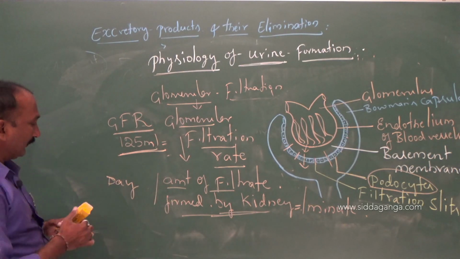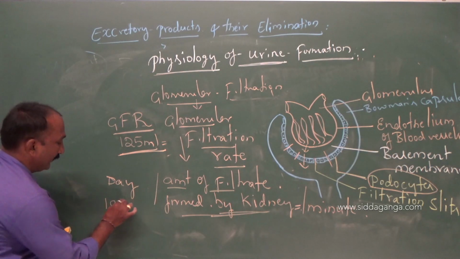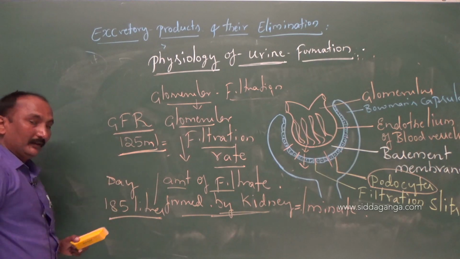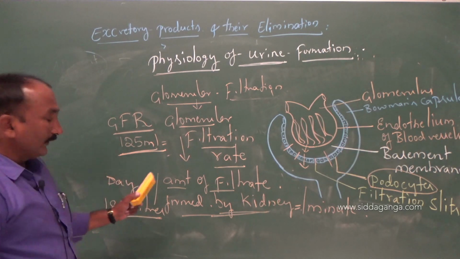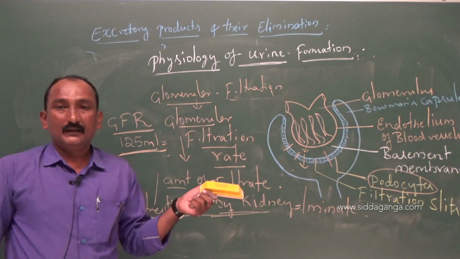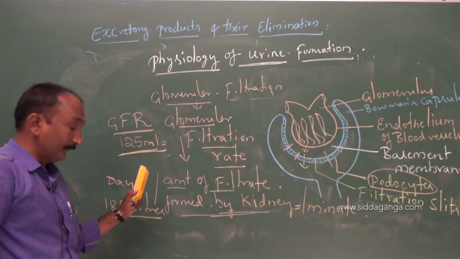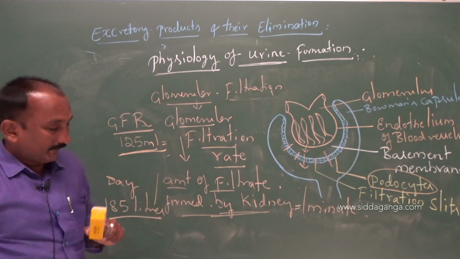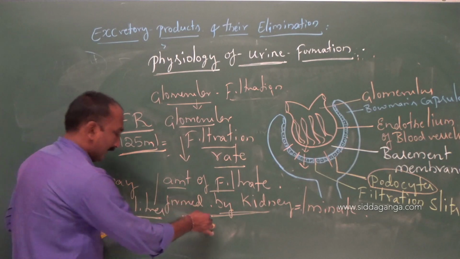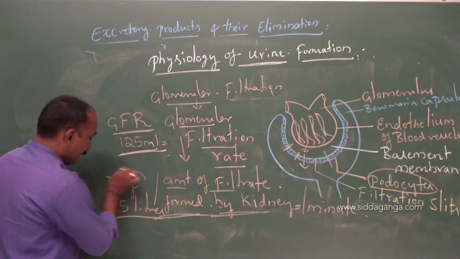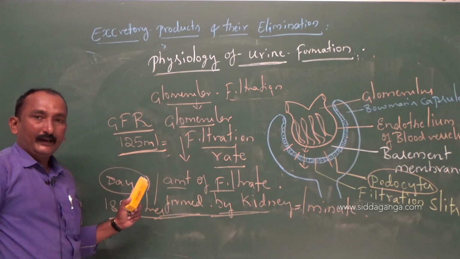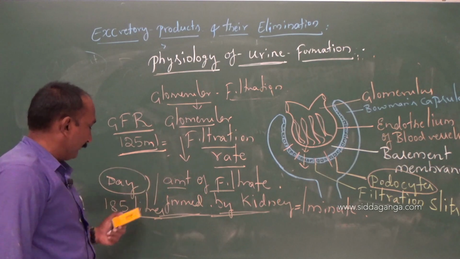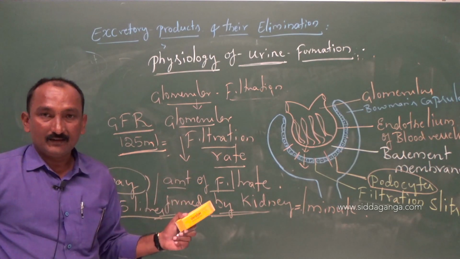That is about 185 liters. 185 liters of the filtrate is formed by the kidney per day. So within a day, the human kidney is able to form about 185 liters of filtrate.